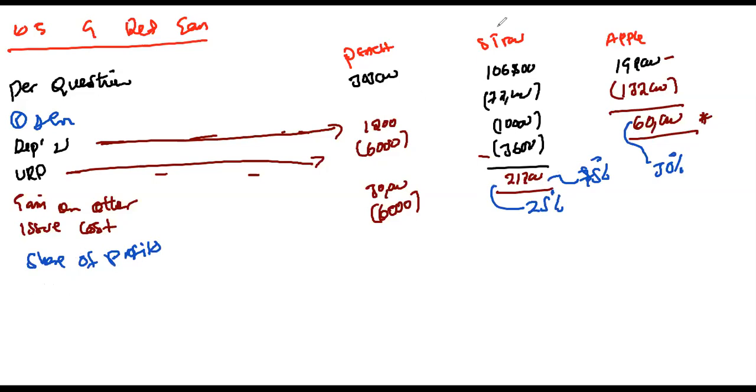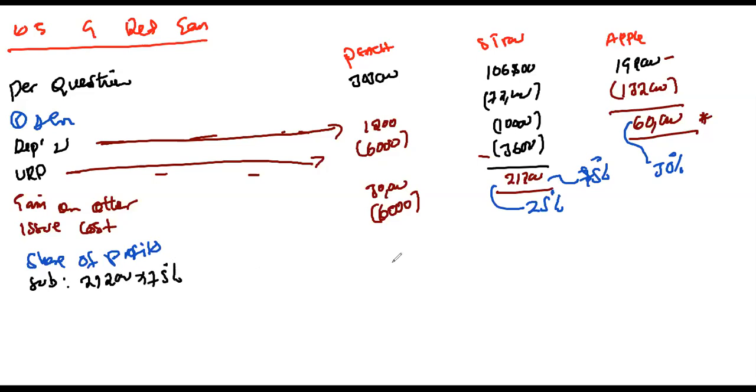So we have number 1, for the subsidiary, the post-acquisition profit to our parent: 21,200 multiplied by 75%.